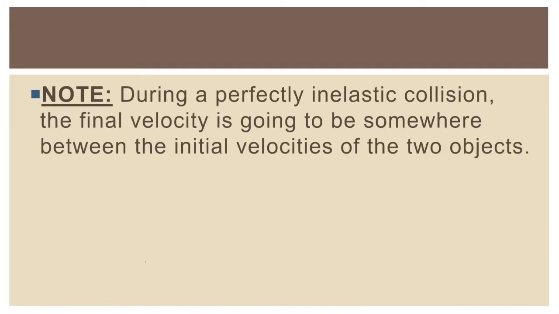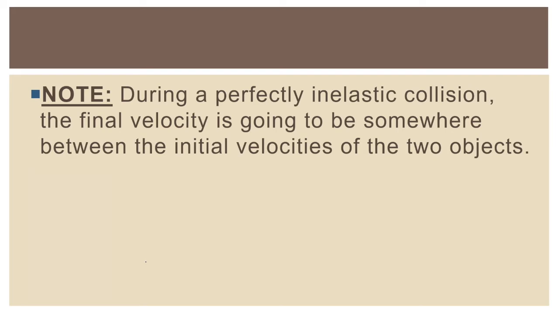So the first thing we'll say here is, note, during a perfectly inelastic collision, the final velocity is going to be somewhere between the initial velocities of the two objects. That should be clear. One has to slow down, the other has to speed up because of the nature of the equal and opposite forces that ensure conservation of momentum actually applies. The final velocity is going to be somewhere between the initial velocities of the two objects.